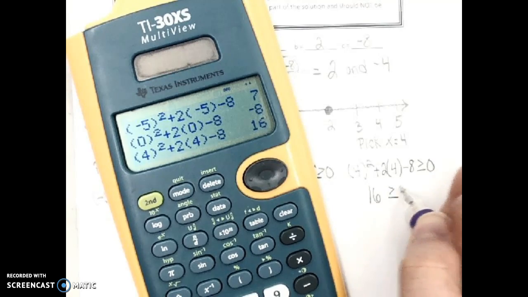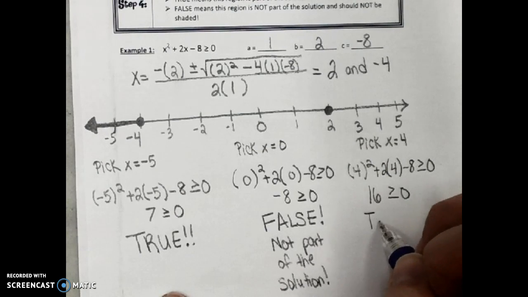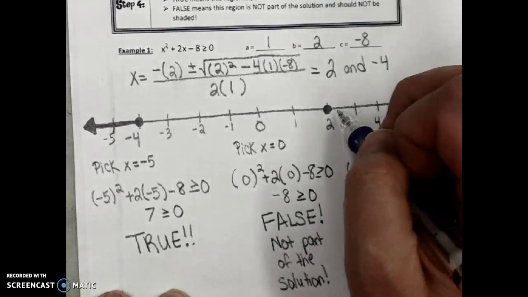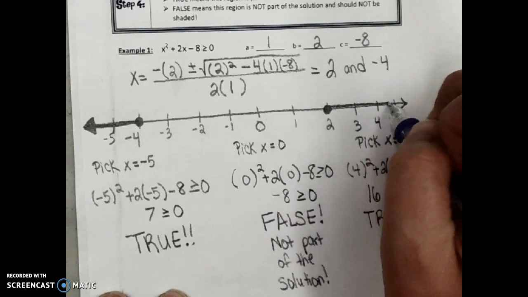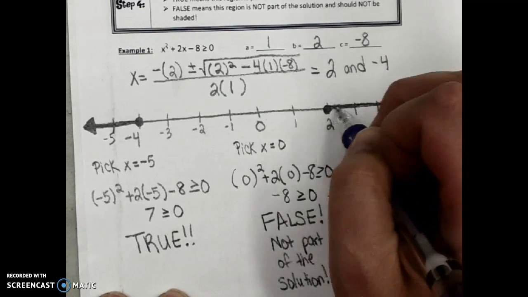So I ask myself, is 16 greater than or equal to 0? And the answer is yes. This is a true inequality, a true statement. Therefore, it is part of my answer, so I shade to the right. Because 4 is on the right of my boundary, I shade to the right.